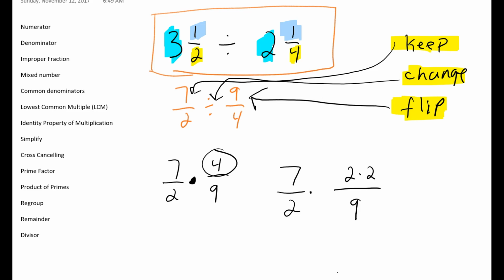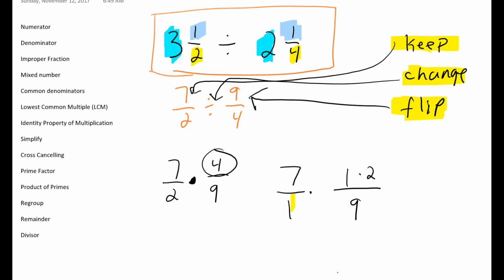Remember, when you cross cancel, you can cross out any numerator with any denominator. If I write my numbers as products of primes, it's easy to see what they have in common. So I have a 2 here and a 2 here, so I can cross them out and put a 1 in their places.